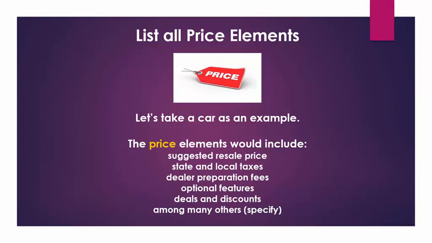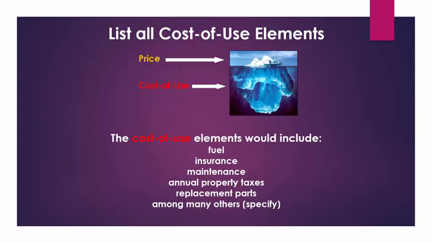Now, from the suggested resale price, we subtract elements, and that could be things like deals and discounts, or we add to the price in terms of additional fees or additional features and so on. What we end up with when we have our exhaustive list is what's called the invoice price, which is basically a sheet of paper that says pay this amount. I start with price because that's where customers typically start.